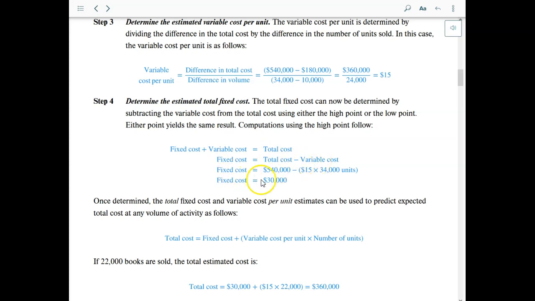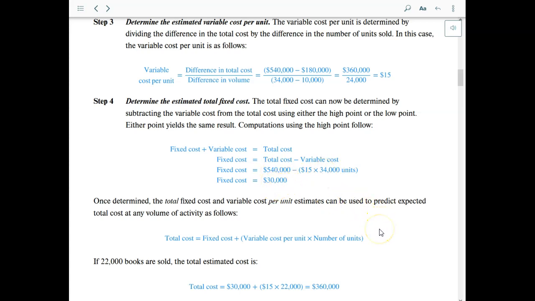So now fixed cost will be equal to the 540 total cost minus the $15 we just computed times 34,000 units for the high point, because you're using the high cost here. So 540 minus this gives you $30,000 for your fixed cost. You could do the same if you wanted to use the 180 and the 10. Put 180 here, put 10,000 units here, you still get $30,000.